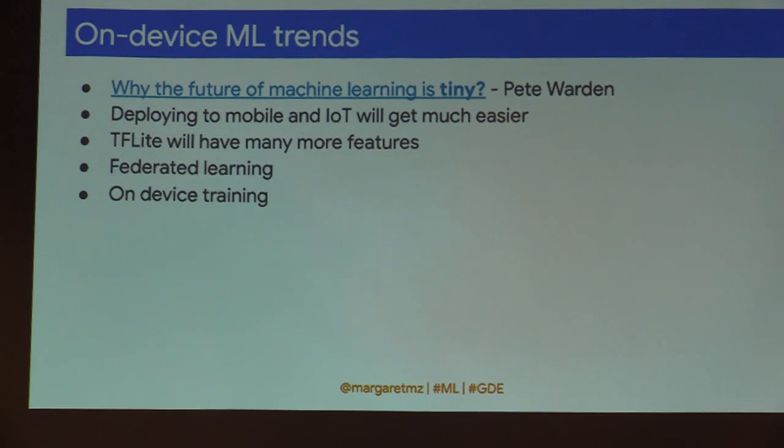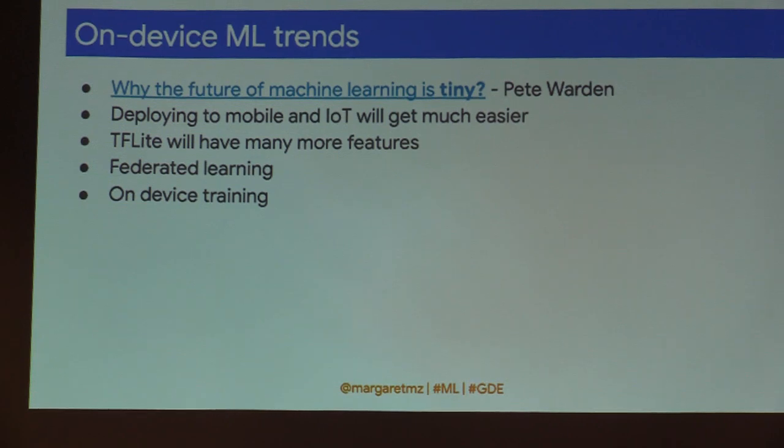And I would expect that deploying to mobile edge devices will get much easier. And TFLite is going to have many more features to make both the model conversion and also model deployment and running inference much easier.